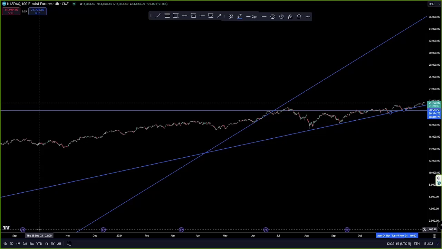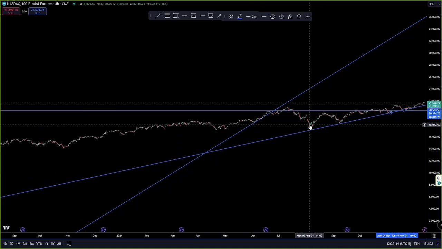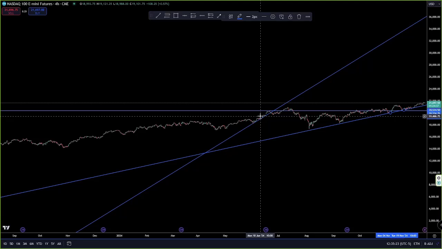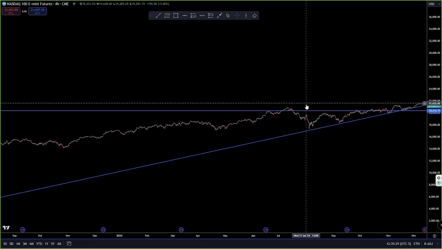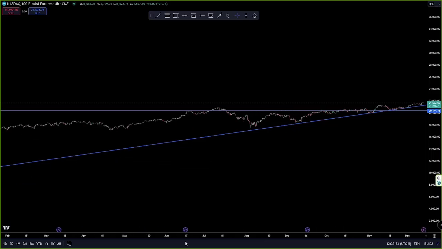I mean, we're going back to 2023 here. Even though we dip down below, this is a line that I drew way back when. Let's take it out so we try to find most current.